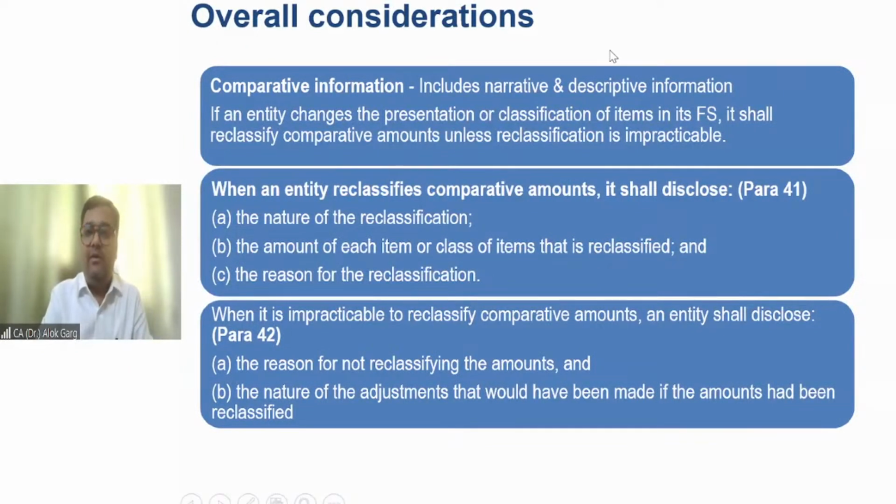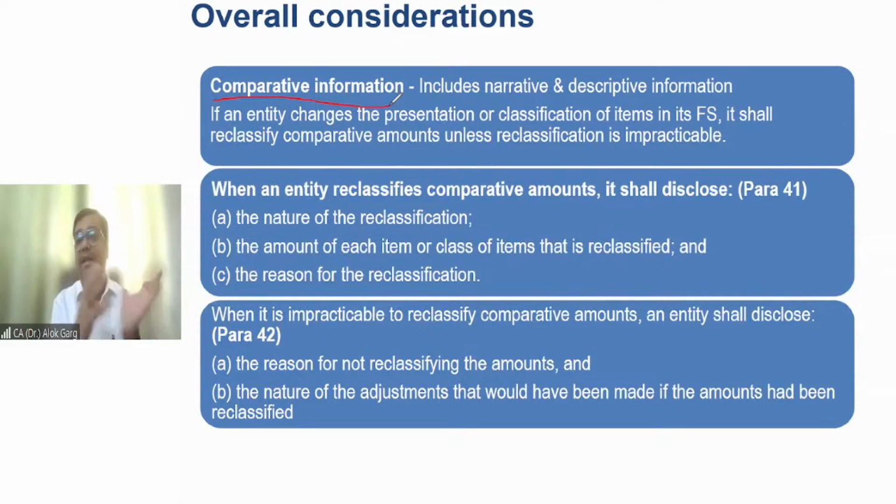Comparative information, you all are aware. At least 1 year comparative is required. In comparative, not only in balance sheet, P&L, cash flow or statement of changes in equity, the comparative is required in the notes to accounts as well, right? And in comparative information, both quantitative and qualitative information are required to be given. Quantitative means where the numbers are there.